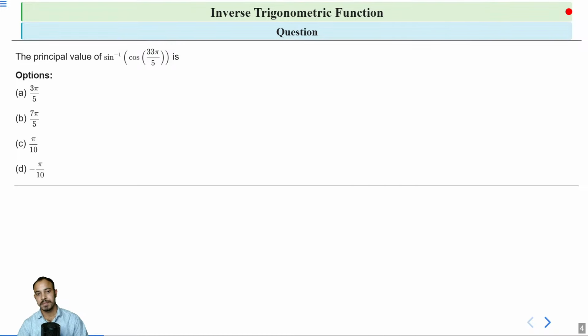Everyone do it and give your answer. Very simple question, you can do it. Which option is correct here? For finding the principal value, you have to take theta between 0 to 2 pi.